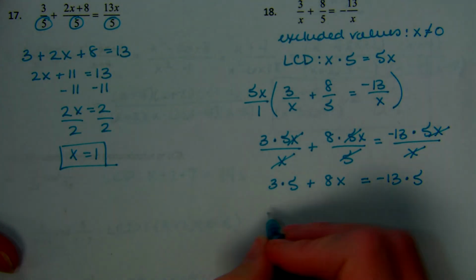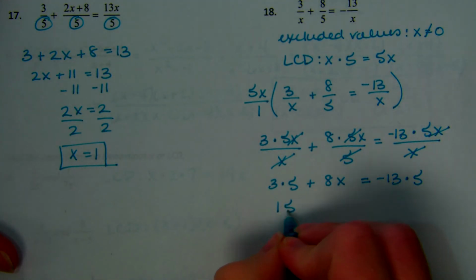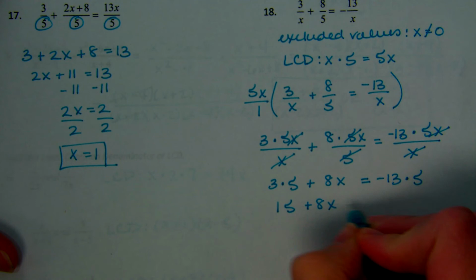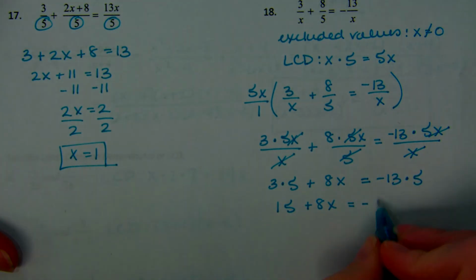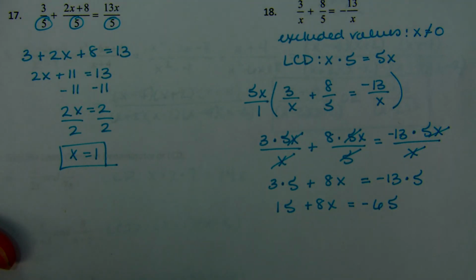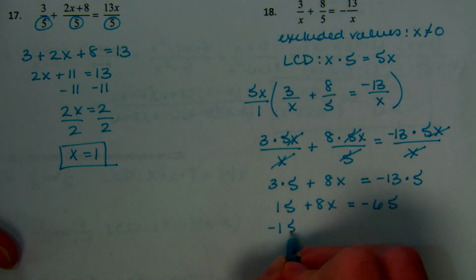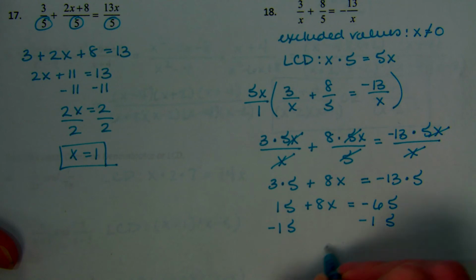All right. And so this is 15 plus 8x is equal to negative 65. And then solve the equation like we would, right? So subtract 15. I get 8x is equal to 80.